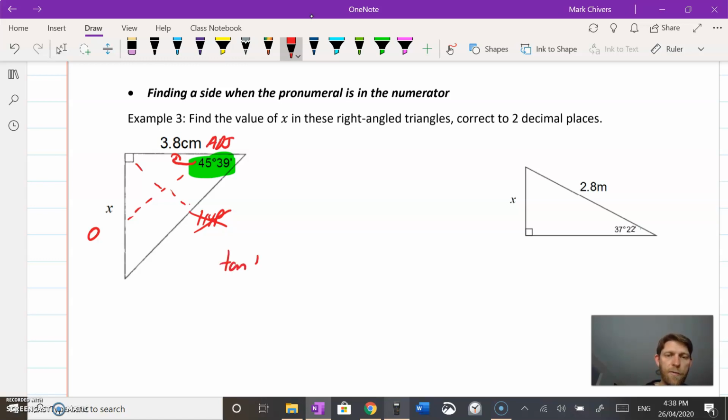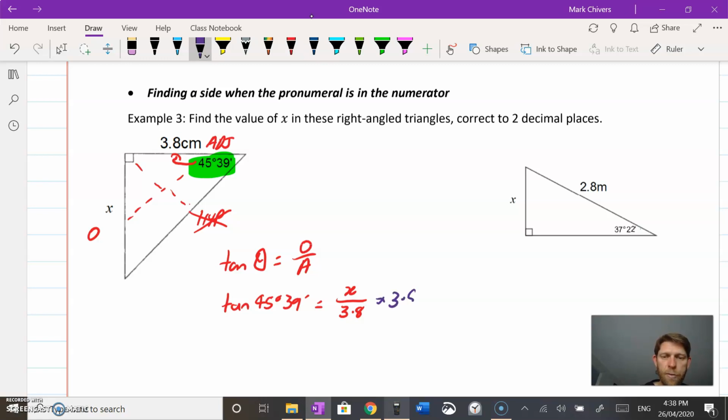So tan of 45, actually write the formula first. So tan theta equals the opposite over the adjacent. So in this case, tan of 45 degrees, 39 minutes is going to be equal to x over 3.8. We multiply both sides by 3.8.